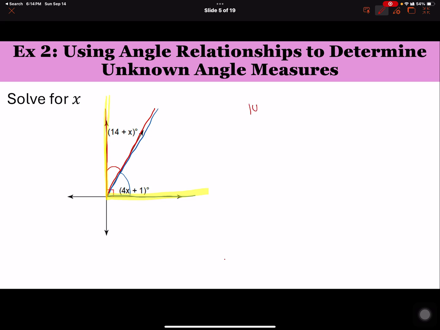So 14 plus x plus 4x plus 1 will equal 90. Combine like terms: 5x plus 15 equals 90. Then subtract 15 on both sides, so 5x is equal to 75. Then divide by 5 on both sides, so x is equal to 15.